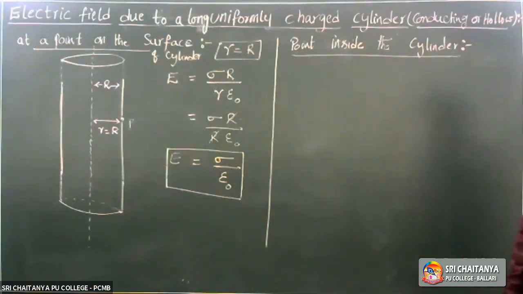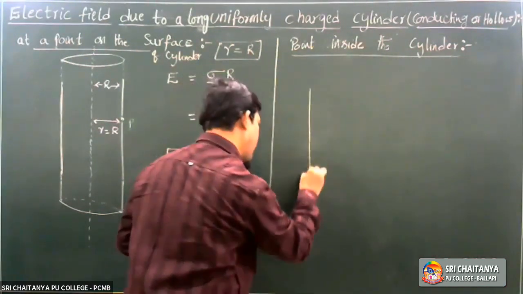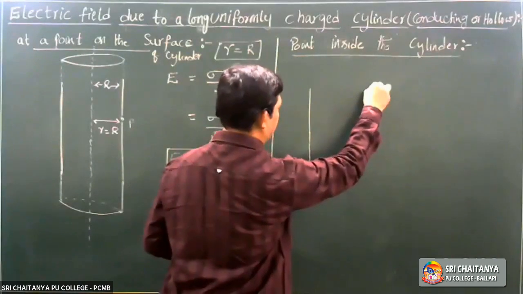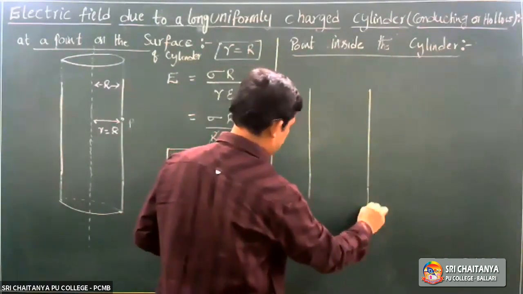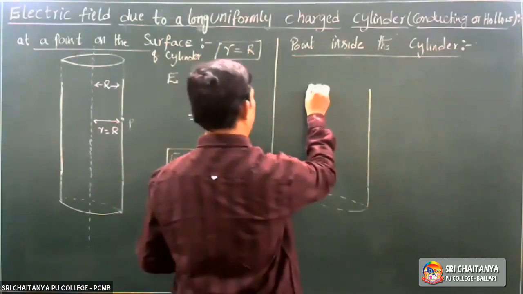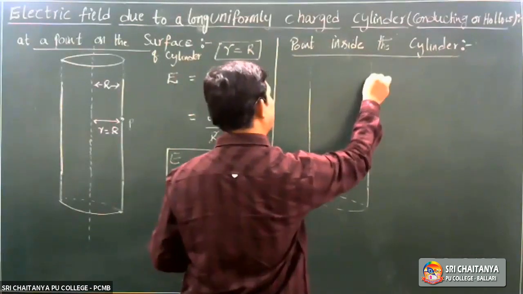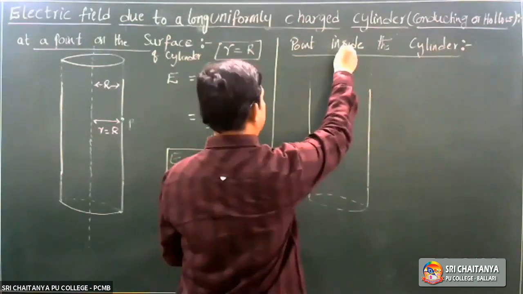Point inside the cylinder means, if this is the given brass cylinder, a long cylinder, that is why I am representing it with a dotted line, this is the axis.